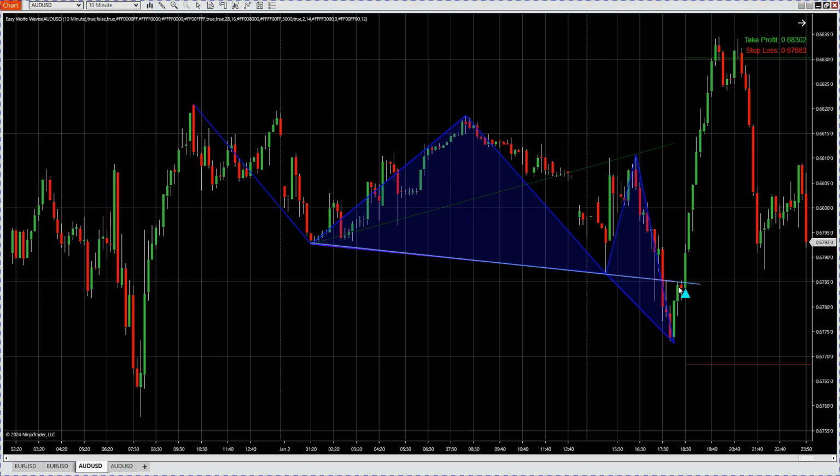So if we extend it out to here, this is where the pattern, after it forms, you get the breakout, and there's the little symbol that signifies that, and we get a strong movement almost immediately to the upside there, okay? So then we can do the same thing for the exits.